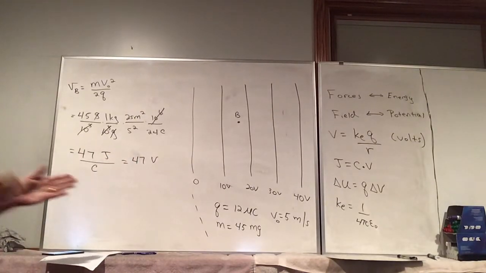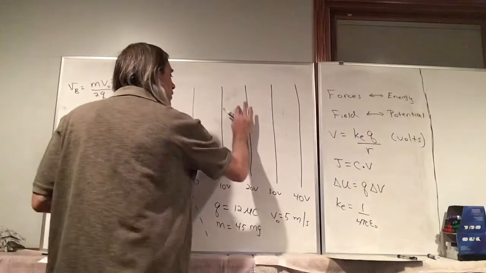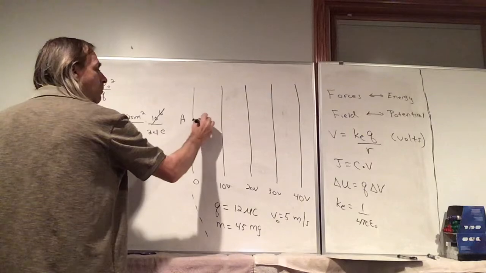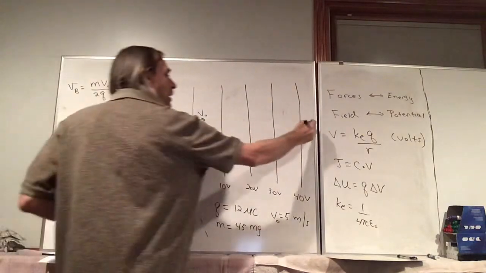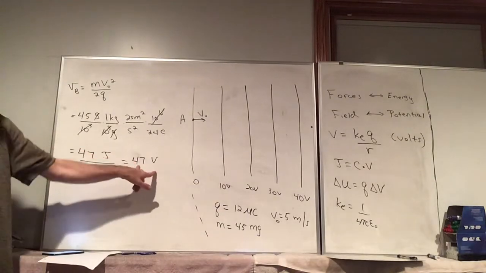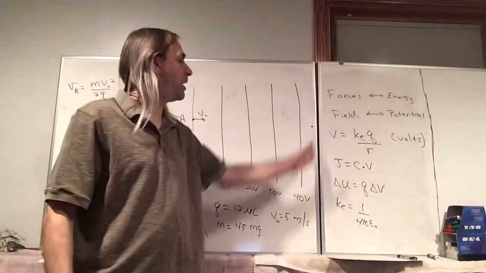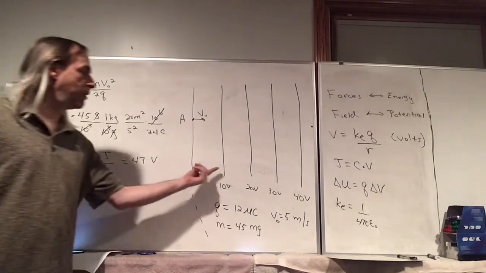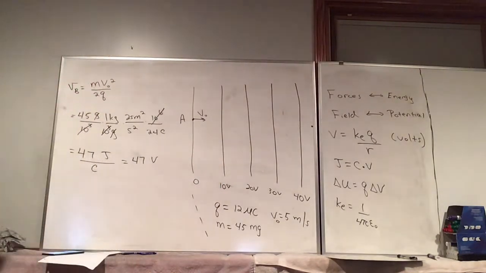Actually, I should have extended this picture. Here we have point A, where we're moving with this initial velocity, and point B would be somewhere over here at 47 volts, so kind of right at the end of the board. There should be equally spaced lines, so I made it a little past the drawing, but it's still reasonable with the picture that we had.